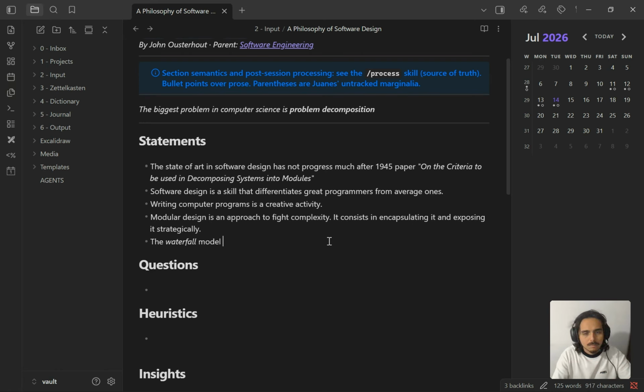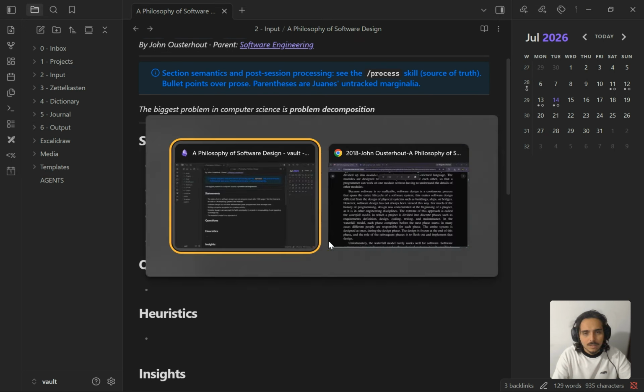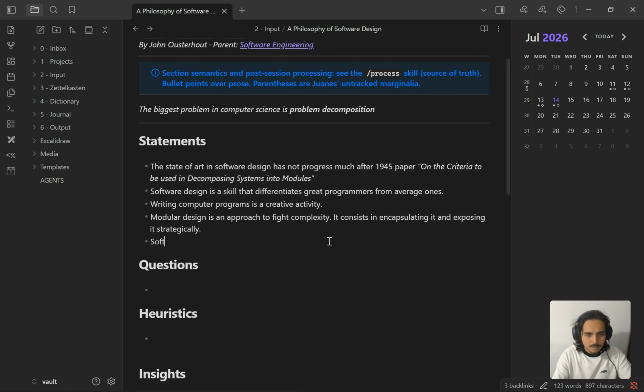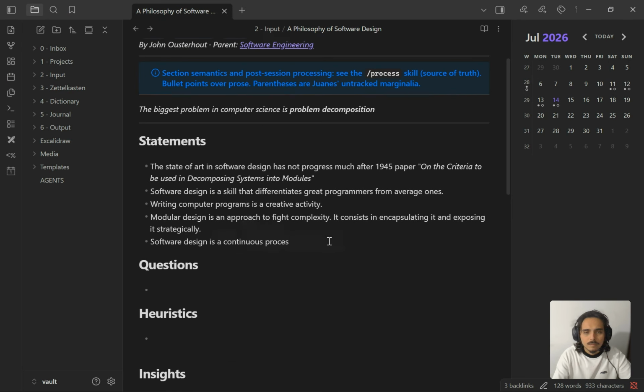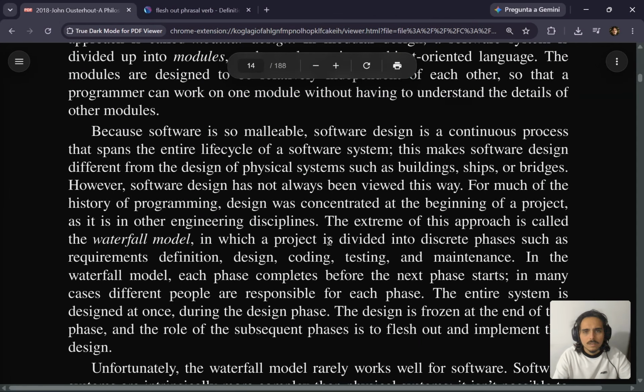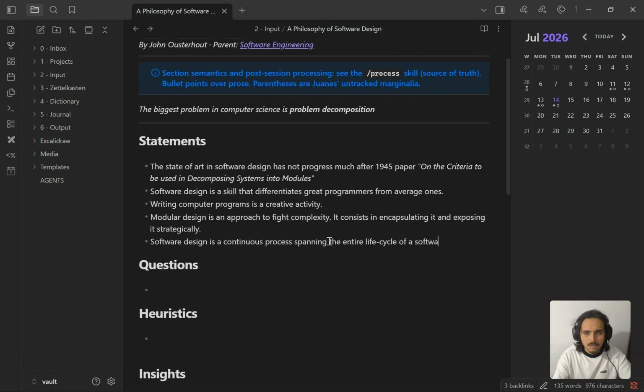So the waterfall model is an approach of design. Software design is a continuous process spanning the entire life cycle of a software system.